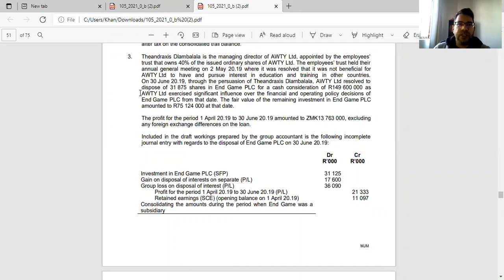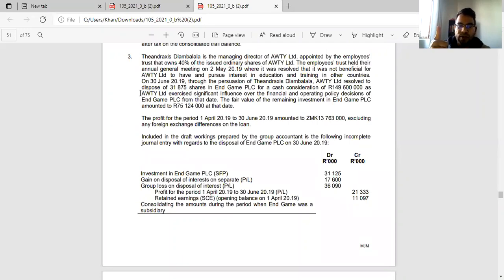Because we lost control, we're going to have to do the losing of control journal entries at that date. At 30th June, we're going to have to get rid of Goodwill, get rid of NCI, and get rid of net assets.